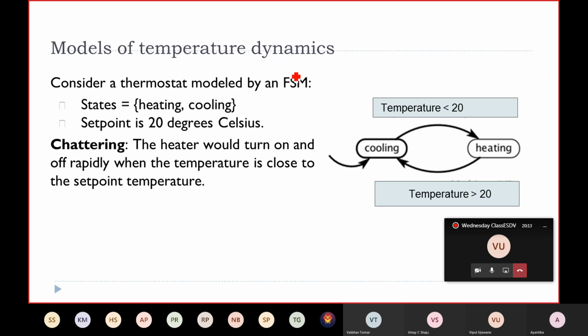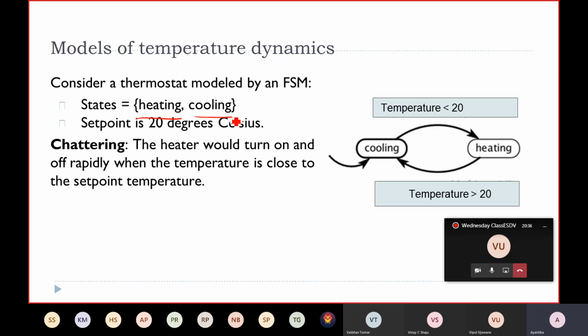When we are thinking of designing one thermostat, we need to consider the steps. Here in this example, maybe you can choose in your own way. Here we have considered the states heating and cooling.